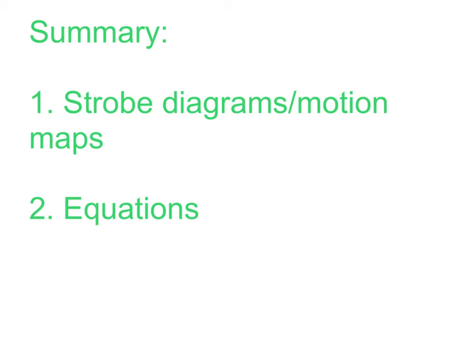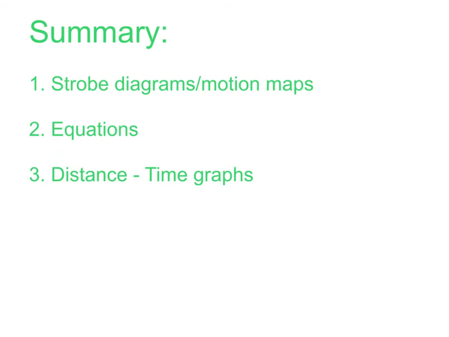Second, we talked about equations. Equations show mathematically the relationship between position or distance and time. Third, we talked about distance time graphs. These are a visual representation of the relationship between distance and time.